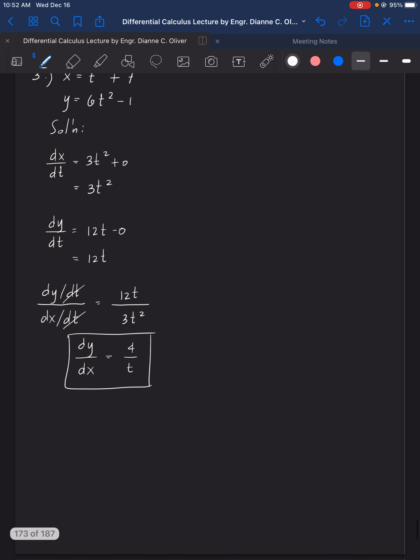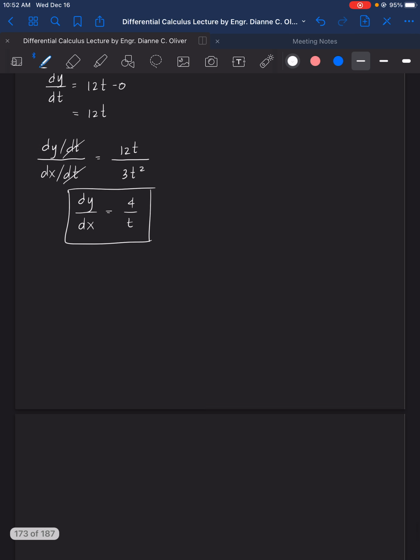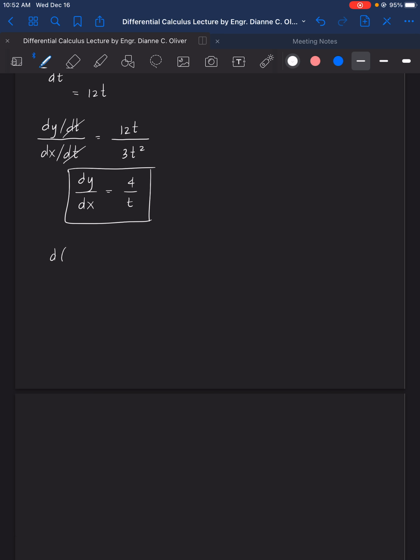For the second derivative, we have there the derivative of dy over dx with respect to t, of course. We multiply this with dt over dx. That is equal to, derive the first derivative again. So we have (t times the derivative of 4 minus 4 times the derivative of t) all over t squared, multiplied with dt over dx.